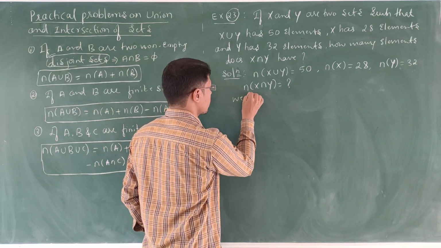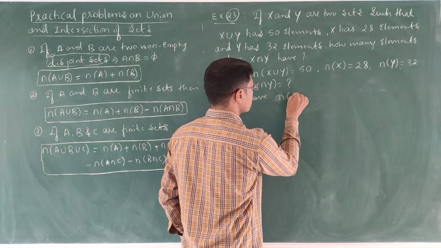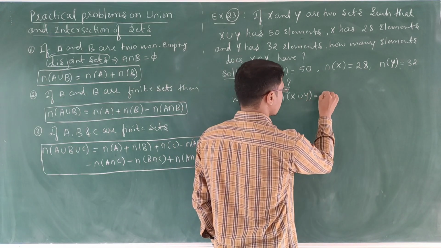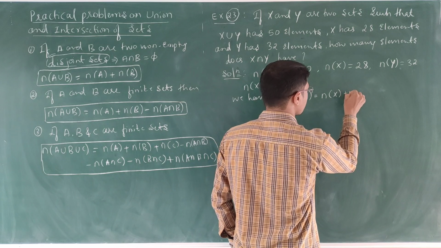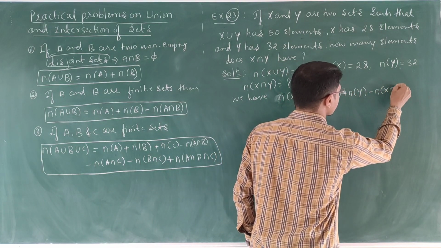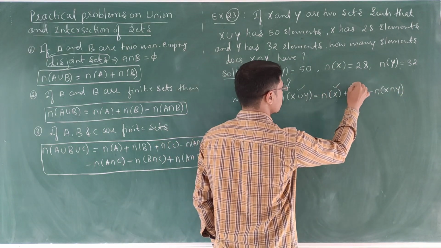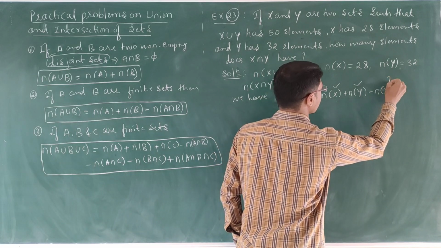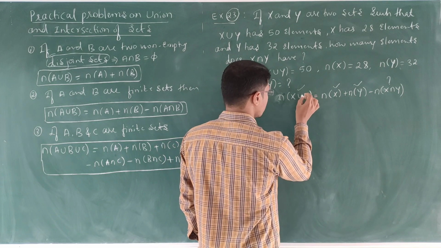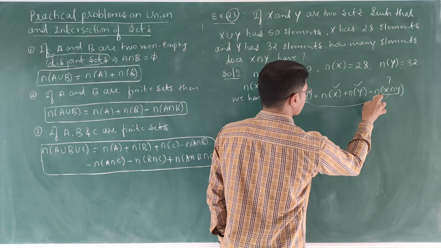We have n of X union Y is equal to n of X plus n of Y minus n of X intersection Y. In this we know these quantities, but this one is unknown, and we have to find it. So take this quantity to this side and this to that side.